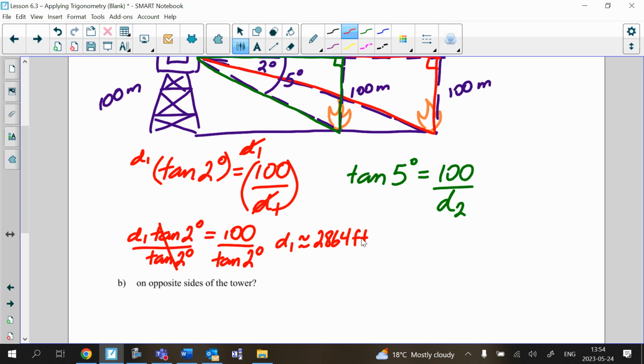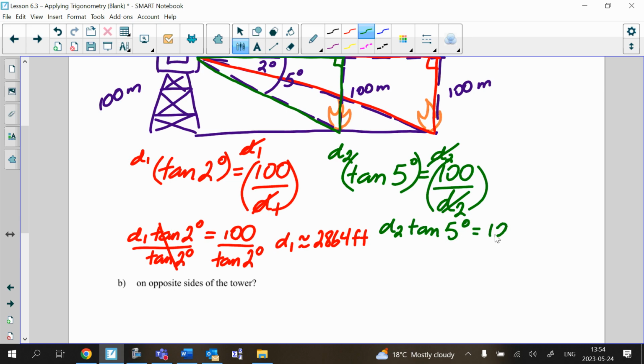We solve for D2 in a similar fashion. Multiply both sides by D2 to get rid of the fraction on the right. So we're left with D2 times the tan of 5 degrees is equal to 100. To get D2 by itself, we divide both sides by tan 5 degrees.